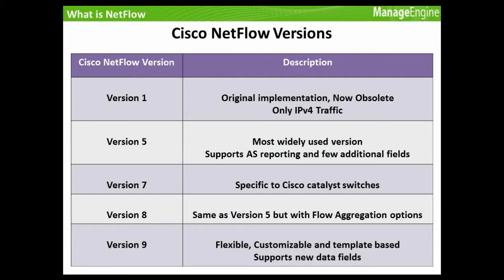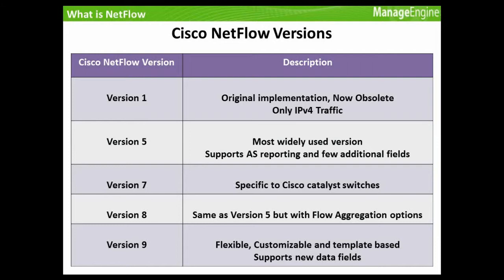So these are the various versions of Cisco NetFlow. NetFlow version 1 was the original implementation. It's now obsolete and nobody's using it, and I'm not even sure if there are any flow collectors which support version 1. Only IPv4 traffic information is available from it. And then there is NetFlow version 5.